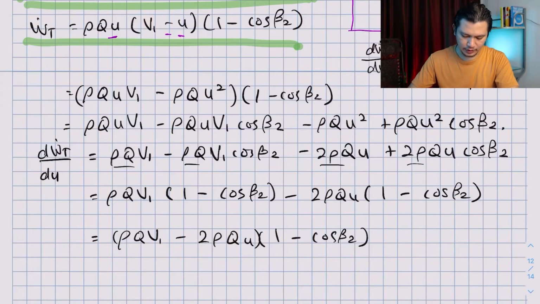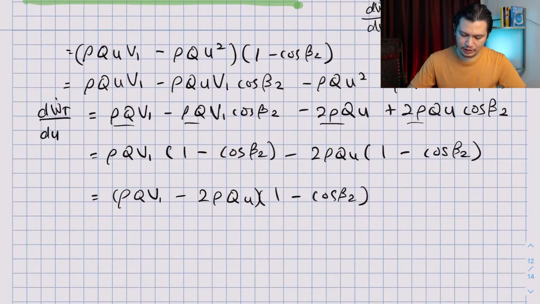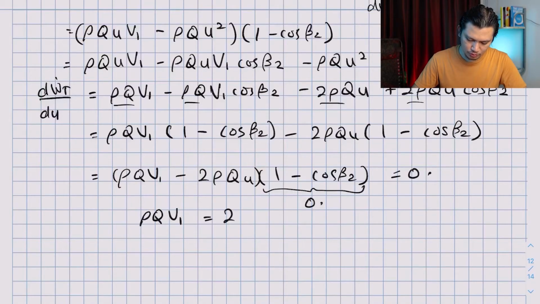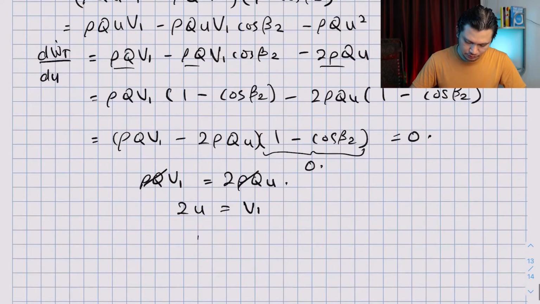Is that right? Okay. And if I equate this with 0, rho Q V1 equals 2 rho Q U. If I cancel this out, I can have 2U equal to V1, and so U equal to V1 over 2.